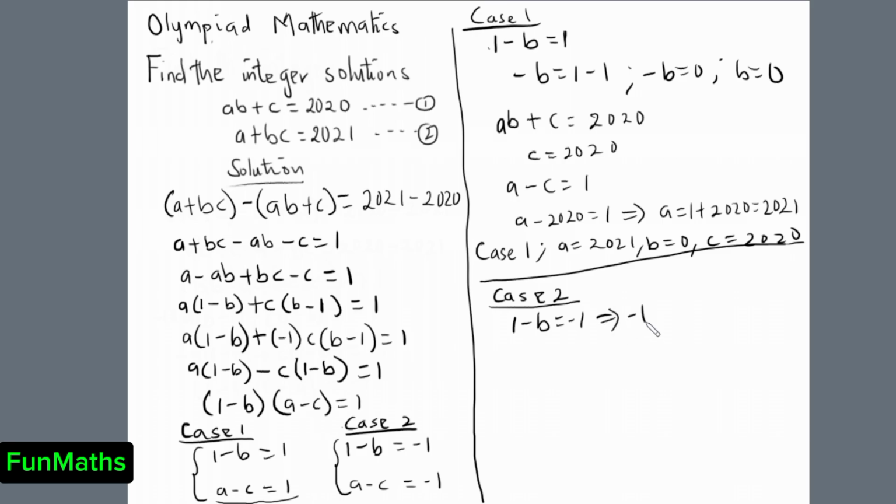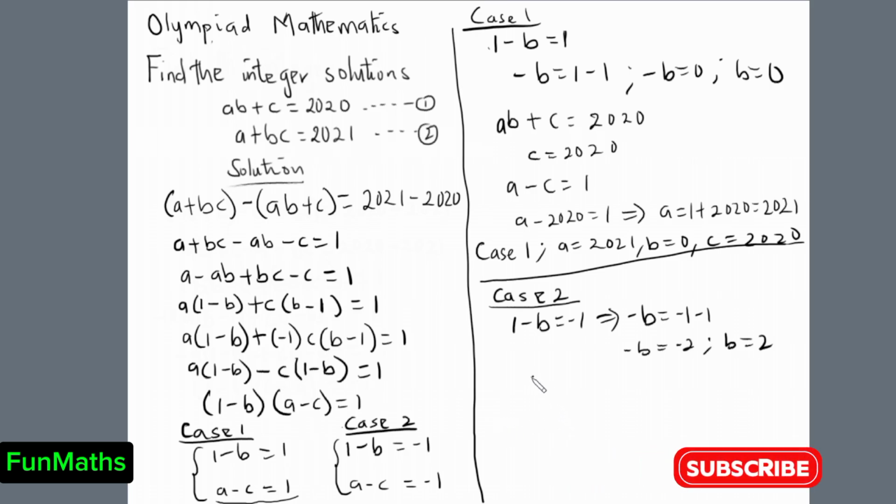It implies that minus b will be equal to minus 1 minus 1, which means minus b is equal to minus 2. And that means that b, because you can multiply both sides by minus 1, b will be equal to 2. If b is equal to 2, how do we now get the other values of A and C?